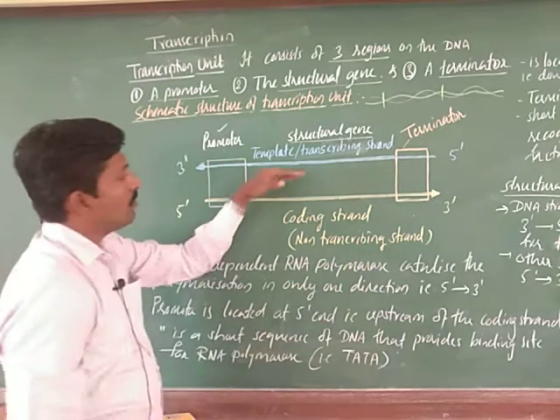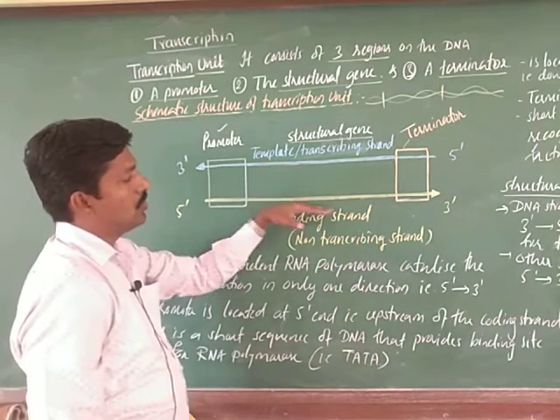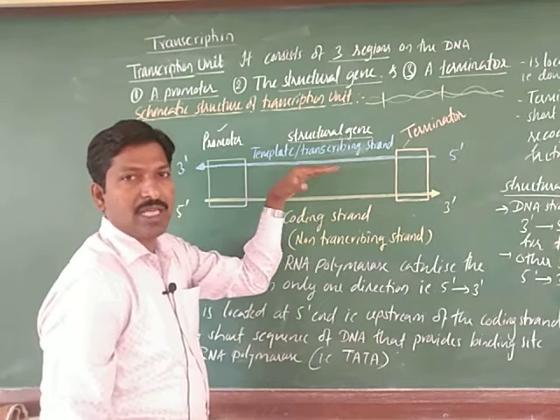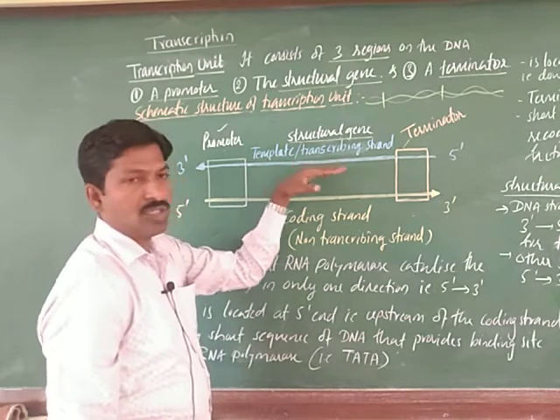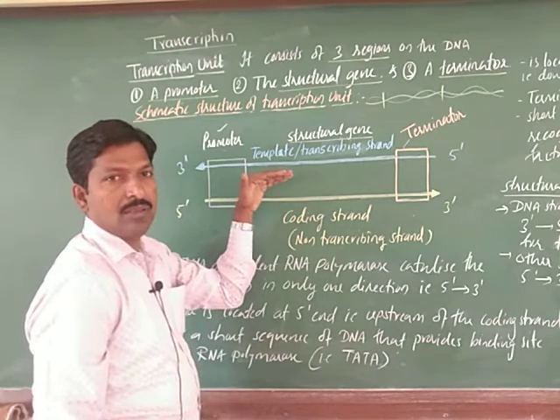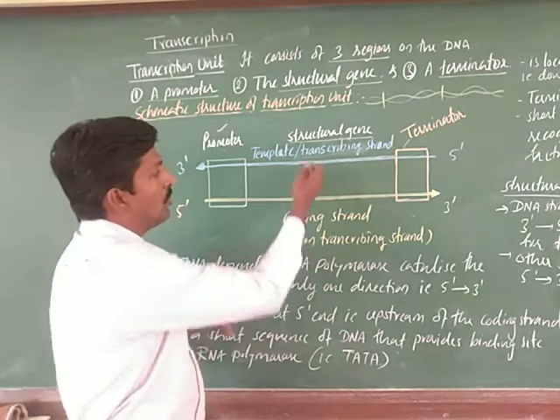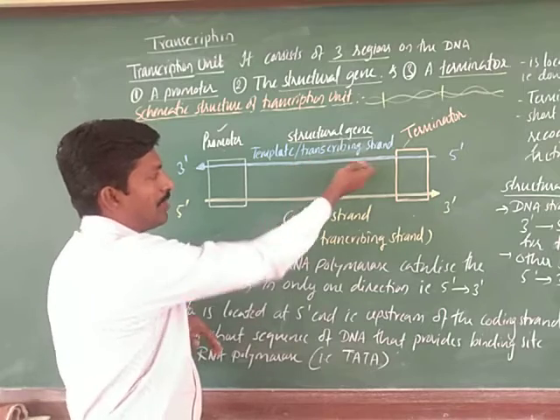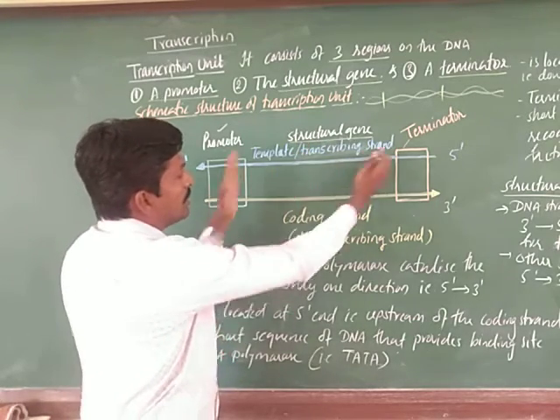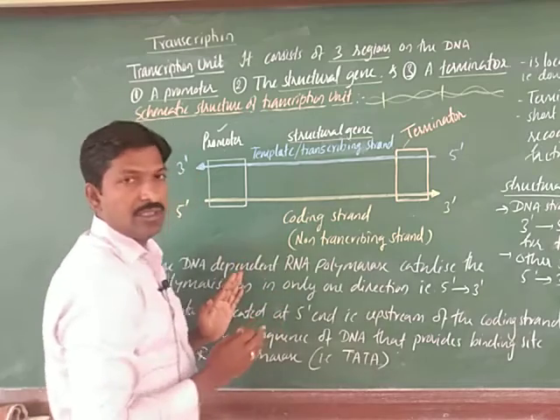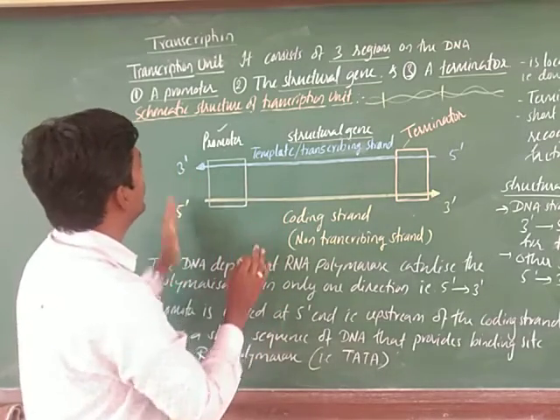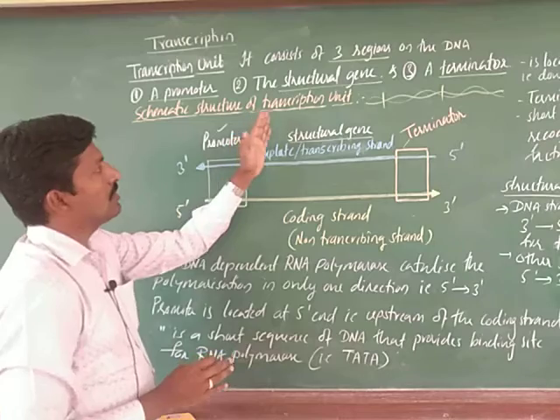Another one is the template strand, also called the transcribing strand, because it is involved in the synthesis of mRNA, as a complementary new strand is formed on it. This region is called the structural gene. So, this is the schematic structure of the transcription unit.